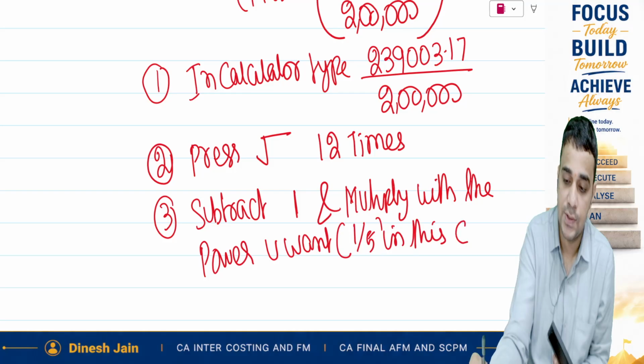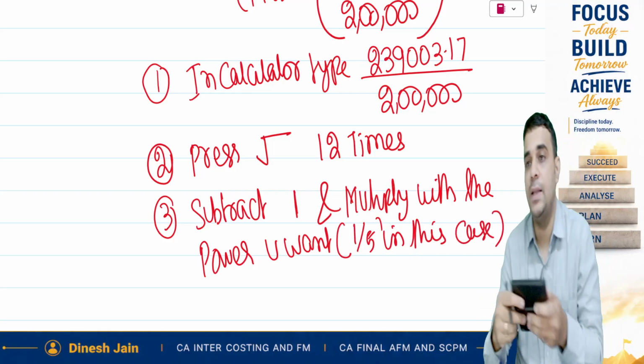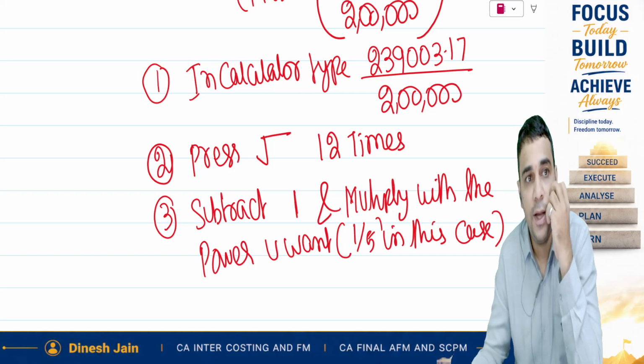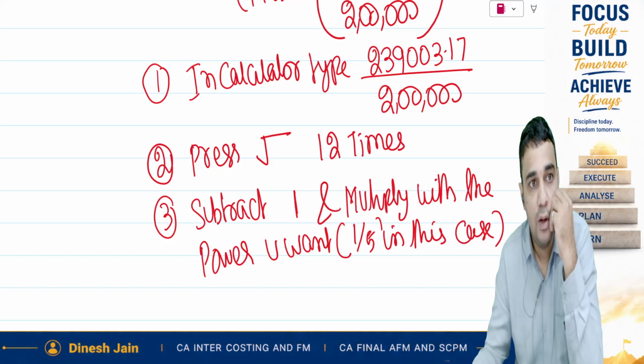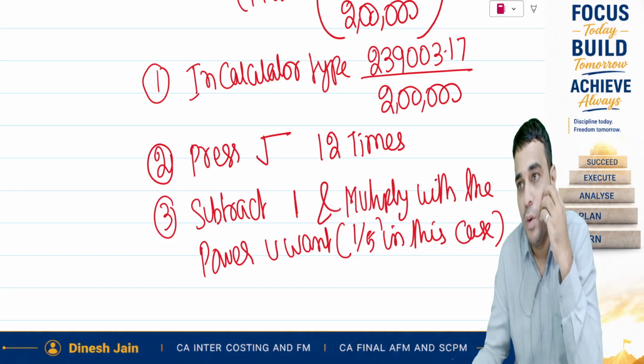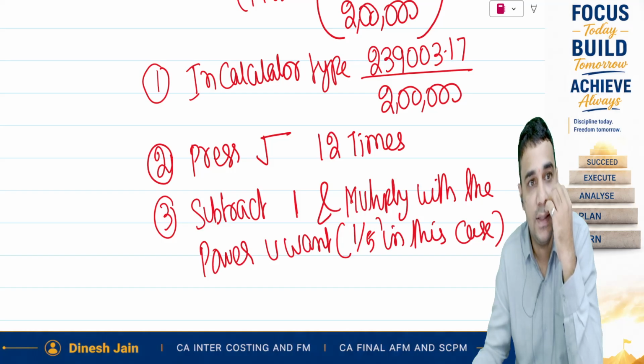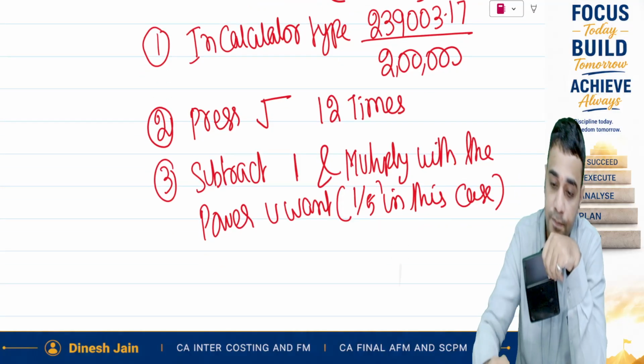In this case, it is 1 by 5. You want 1 by 8, multiply with 1 by 8. You want 1 by 25, multiply with 1 by 25. Whatever power you want. For example, in the previous question, 10.3333, you have to multiply with 1 divided by 10.33333 in the calculator.